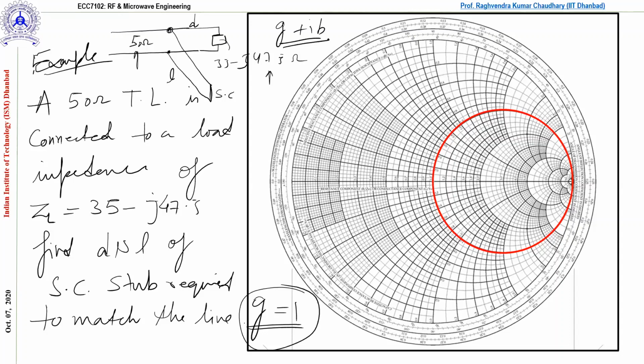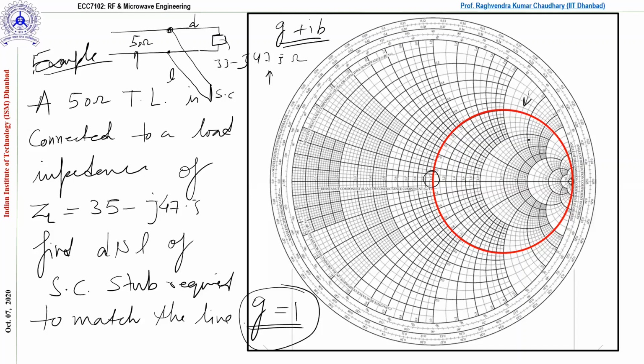You can see this red circle, and its diameter is 1 here. So this is the G equal to 1 circle. Please check. Whatever intersections occur over this circle will provide the possible solutions.